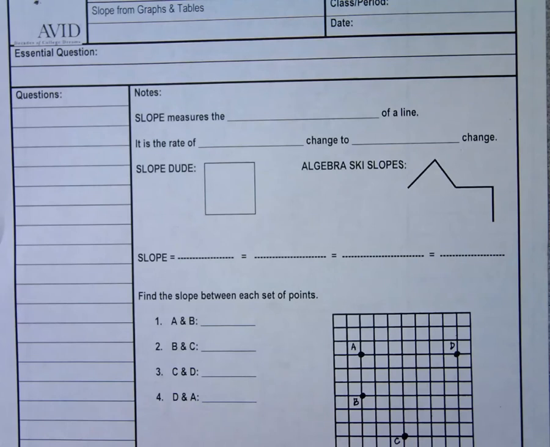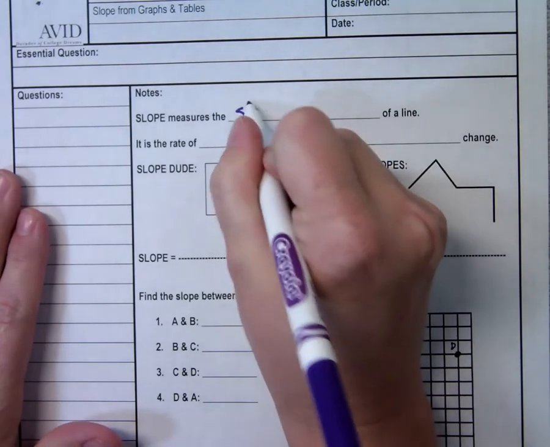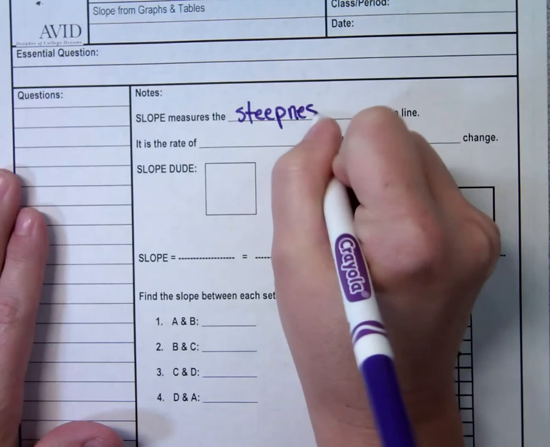All right, today's lesson is slope from graphs and tables. Slope measures the steepness of a line. We sometimes think of this as the slant.